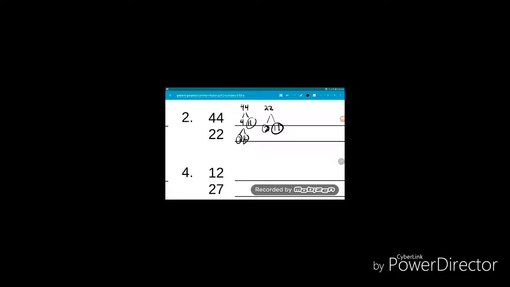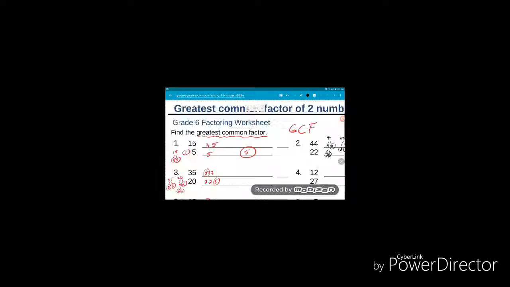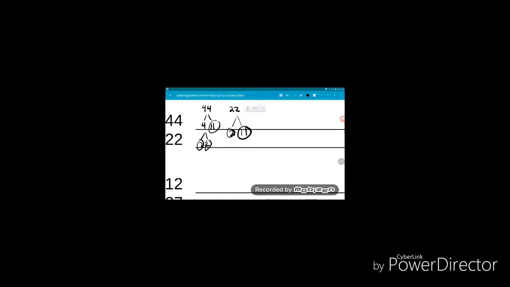But now here it changes. For your homework, we did this. The biggest factor they have in common. What's the biggest factor they have in common here? 11. So the greatest common factor is 11. That's the number that goes into 22 and 44.